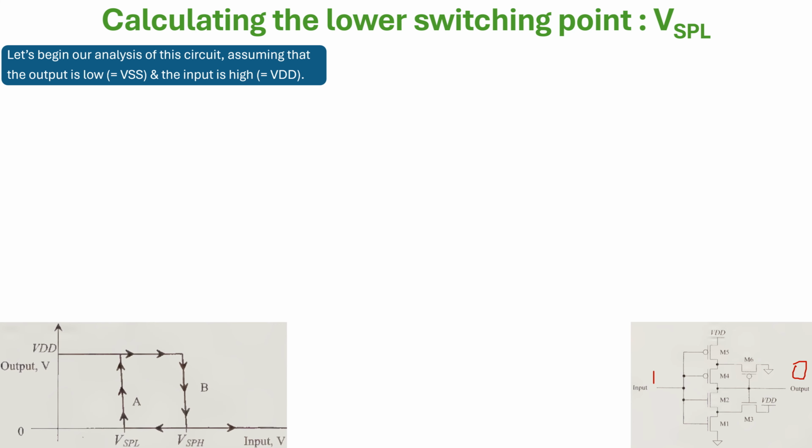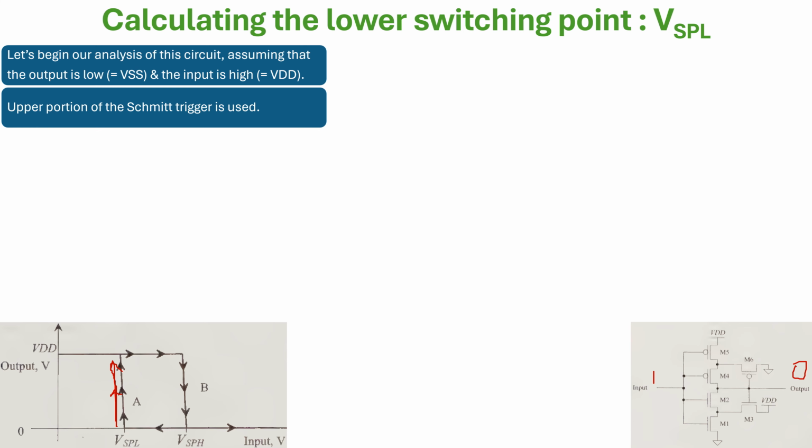As we know, these are the switching waveforms or transfer characteristics. This time let's focus on VSPL. It means the output is going up. At what input voltage does the output switch to high? That is VSPL.